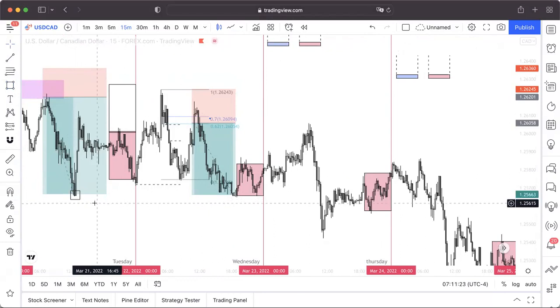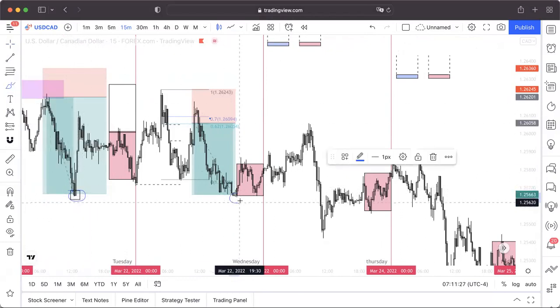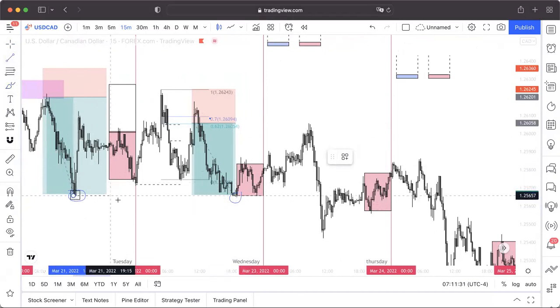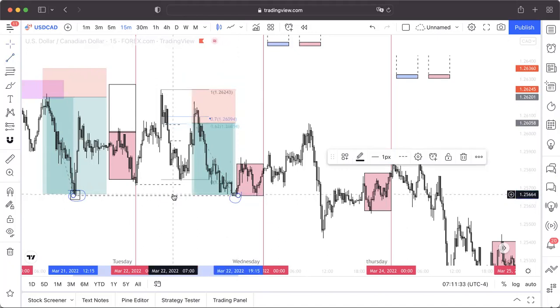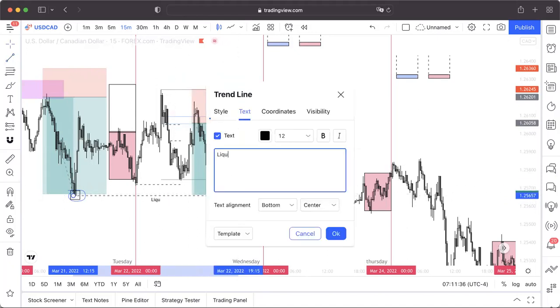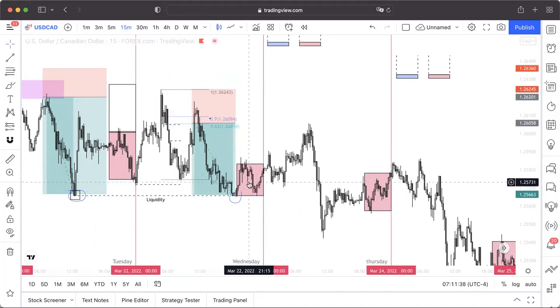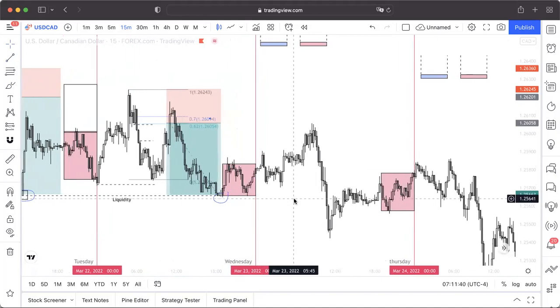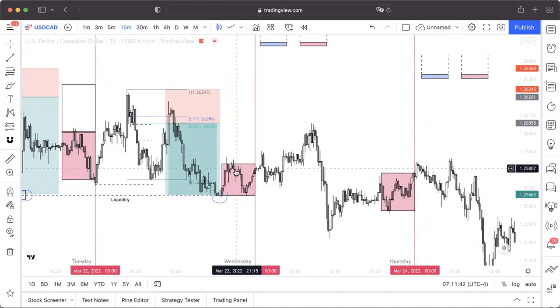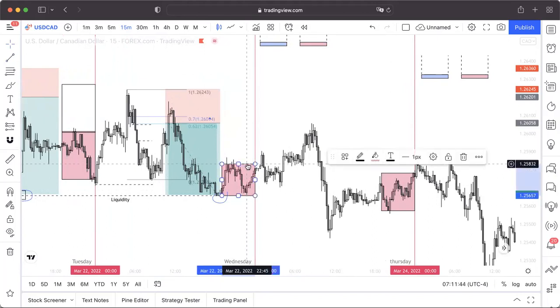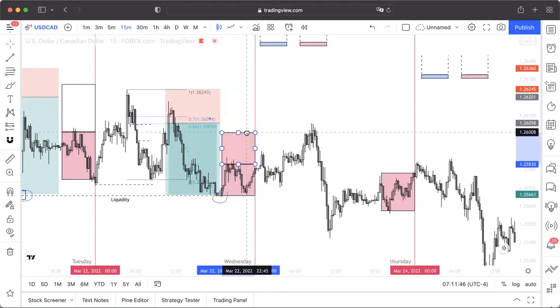So this low is equal lows with this low. So you can also consider that as liquidity. So it's right there. The equal lows, you can also consider that, and you're gonna use the standard deviation like that.